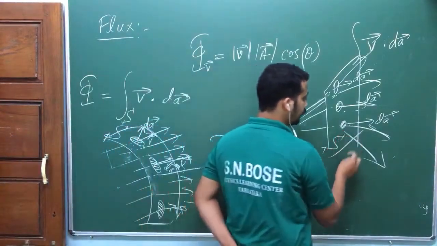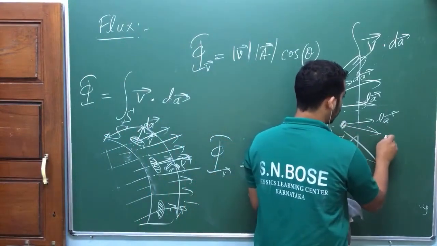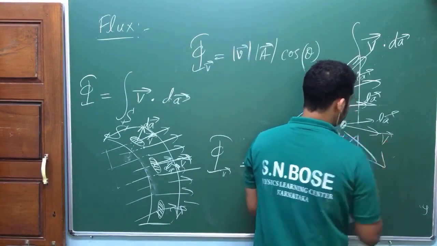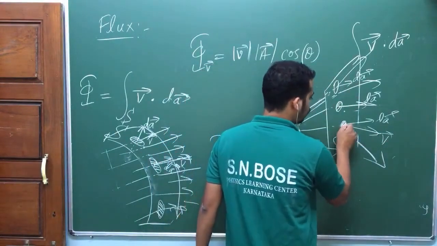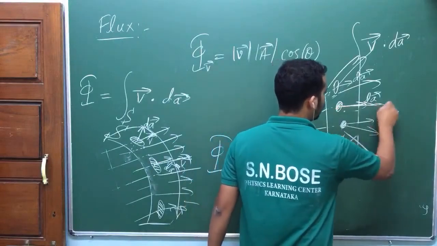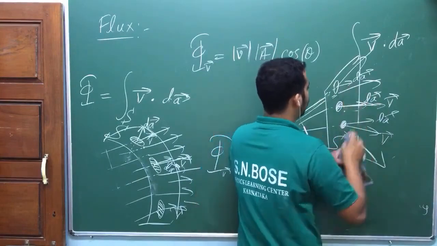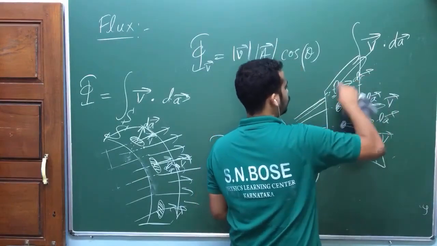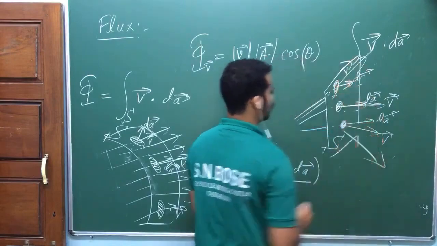Because the vector fields are different here. You can just see this diagram. Here the vector field and area vector are almost parallel. Here the vector field and area vector may have different directions.